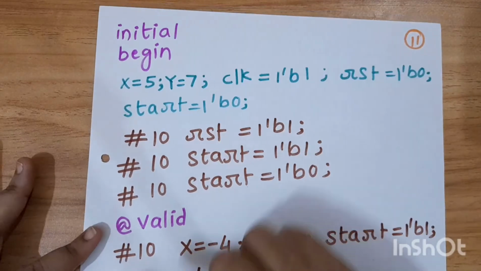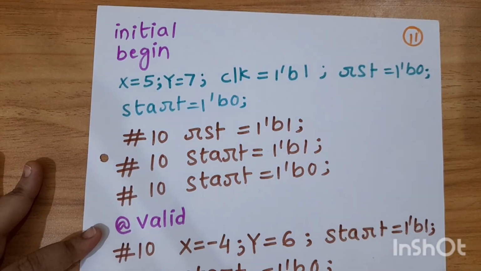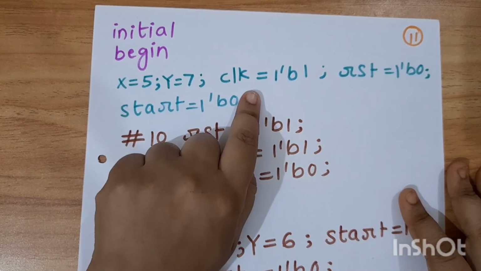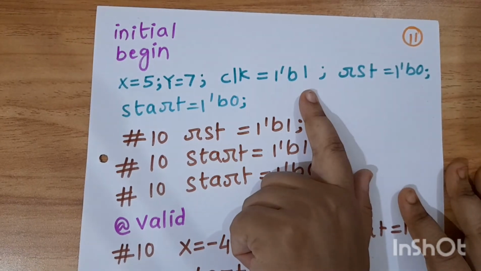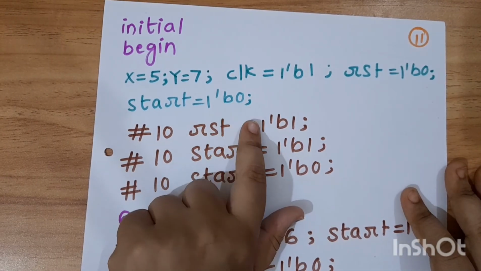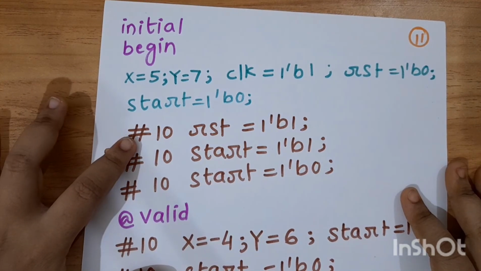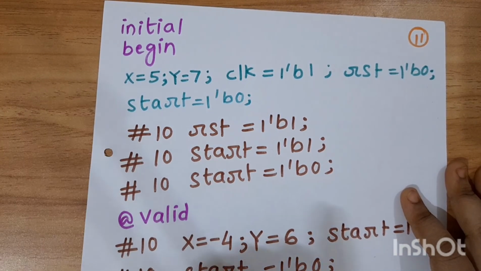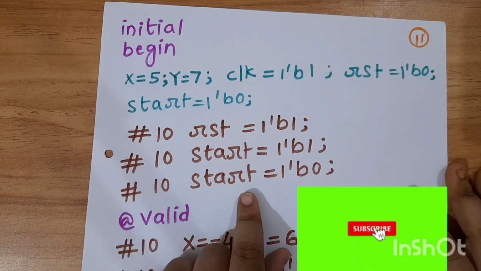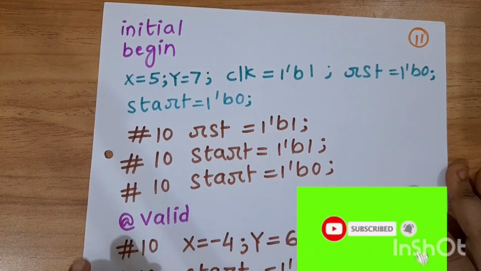This is the initial begin end statement where I am sending the actual multiplier and multiplicand value. Here multiplier 5, multiplicand 7, clock 1'b1, initially reset 1'b0, start is equal to 1'b0 semicolon. After #10 delay, reset is equal to 1'b1 semicolon. After #10 delay, start is equal to 1'b1 semicolon.